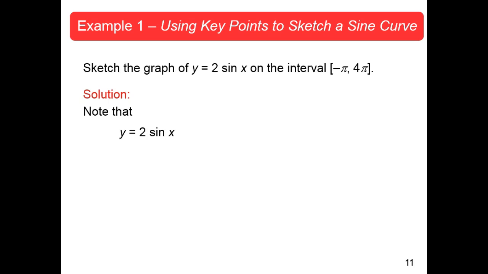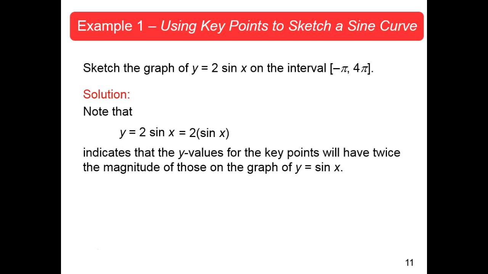Note that y is equal to 2 sine x. Yeah, that's what we had. Another way to express this is 2 times the sine of x. We know what y is equal to sine x looks like. All you're doing is multiplying by 2. That, back in Math 112, we called a vertical stretch, when you multiply by a constant.